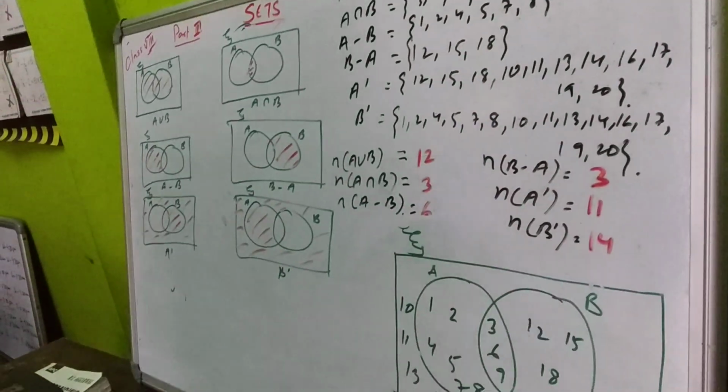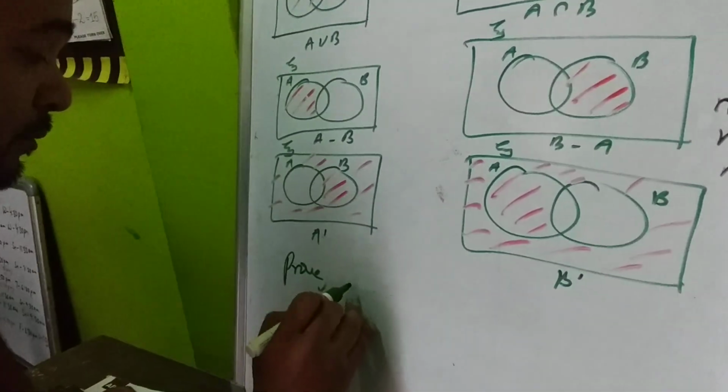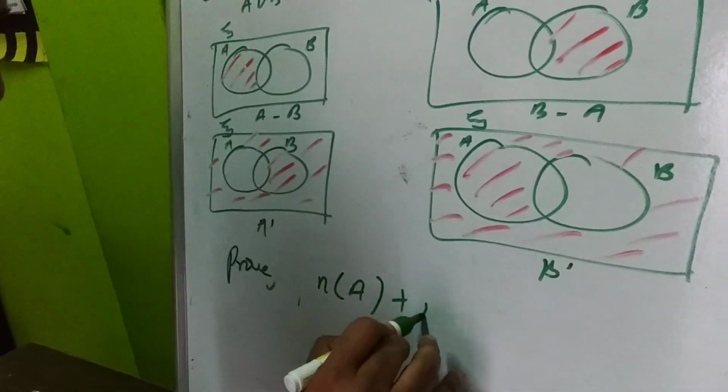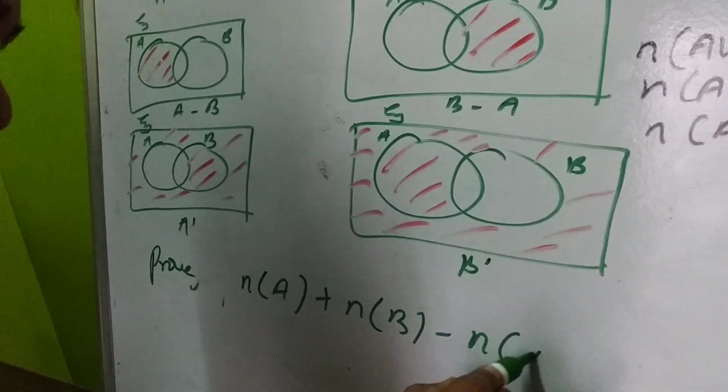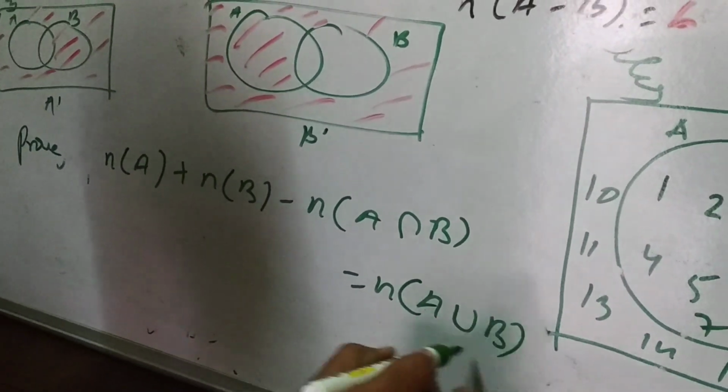Okay. Now we were asked to prove that the number of elements in A plus the number of elements in B minus the number of elements in A intersection B is equal to the number of elements in A union B. So let's see.